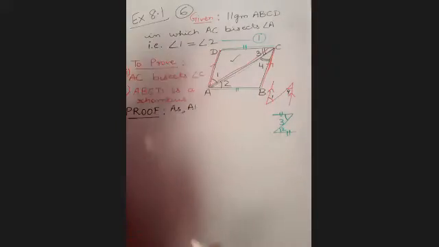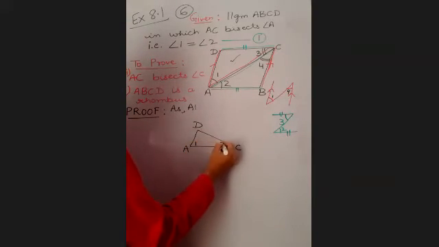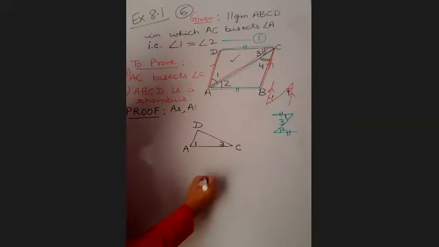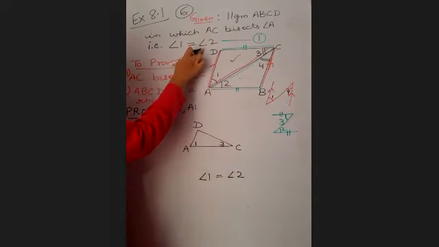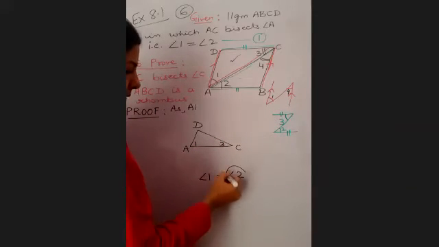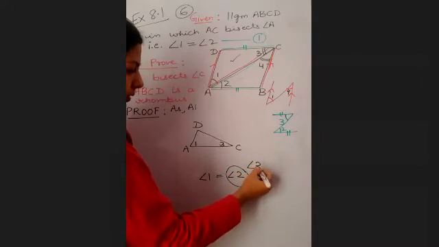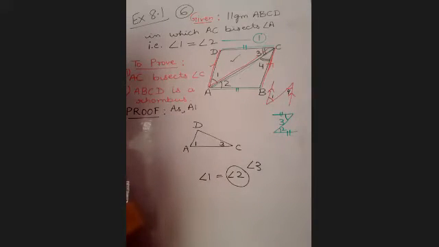Yeah, sure. Beta, what I am saying is in triangle ADC, we have angle 1 and angle 3. Now, angle 1 is equal to angle 2, we are given. Angle 2 is equal to angle 3 by alternate angles. Getting angle 1 equal to angle 3.